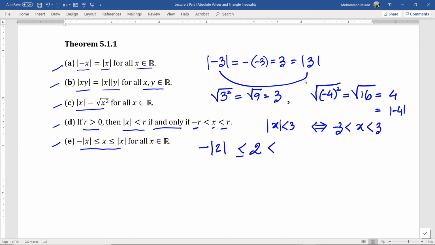And the number 2 is also smaller or equal to the absolute value of 2. Let's take another example. The number negative 3 is larger or equal to negative of its absolute value, but smaller or equal to its absolute value.